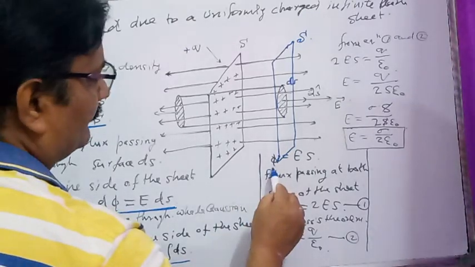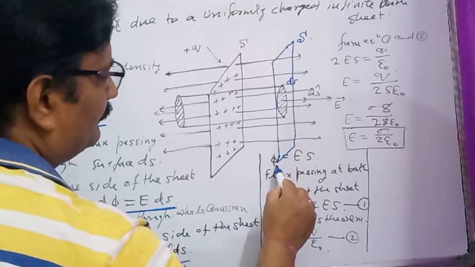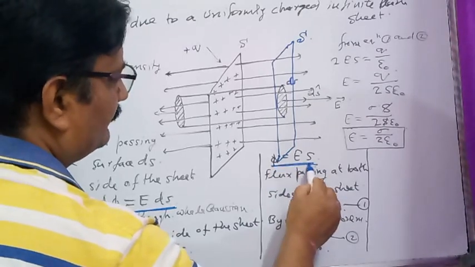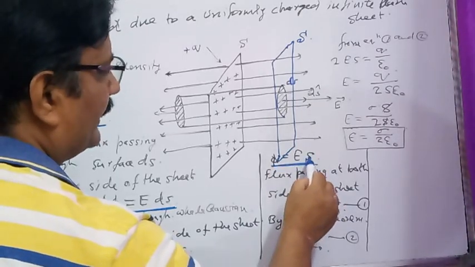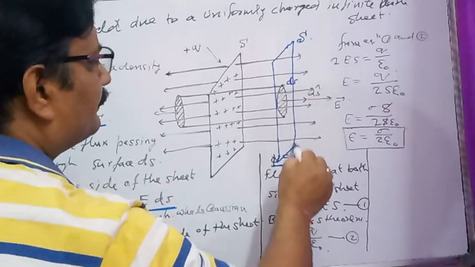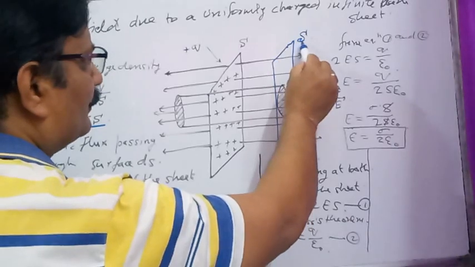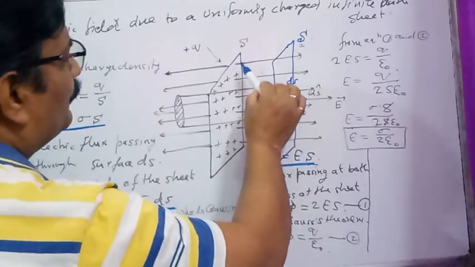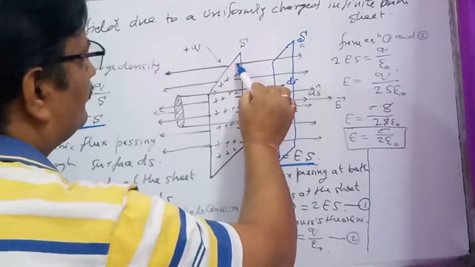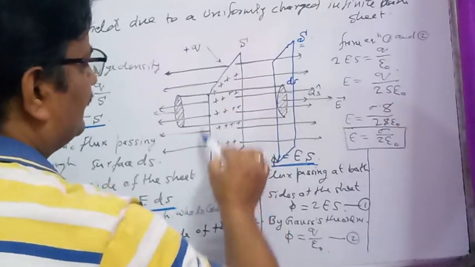Now this integral phi is equal to E into S, where S is the maximum surface area of this ds, and that is equal to the surface area of the sheet. There are going to be no electric lines of force outside the surface area of this sheet.